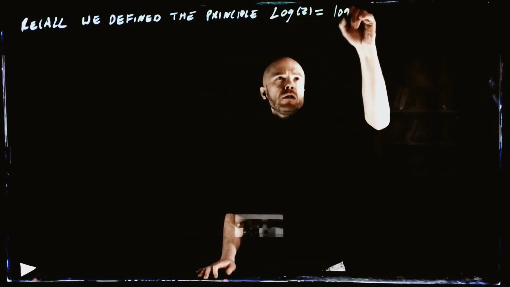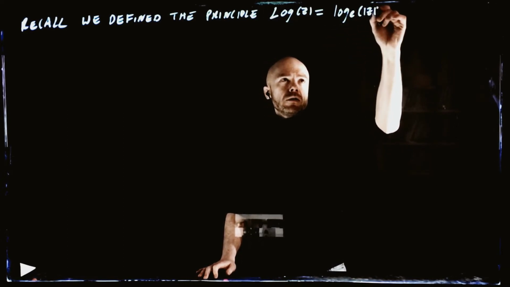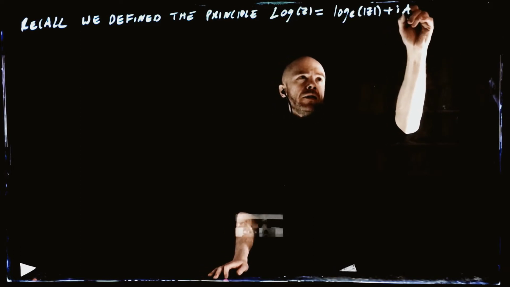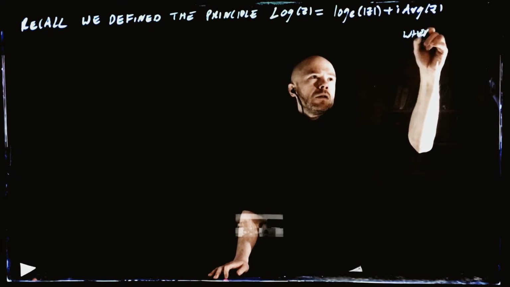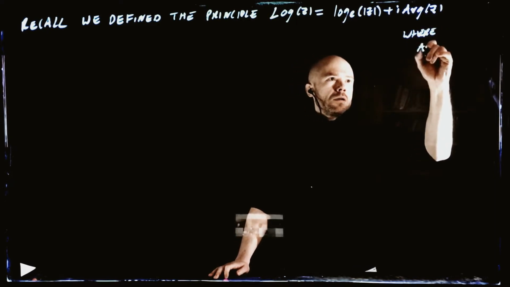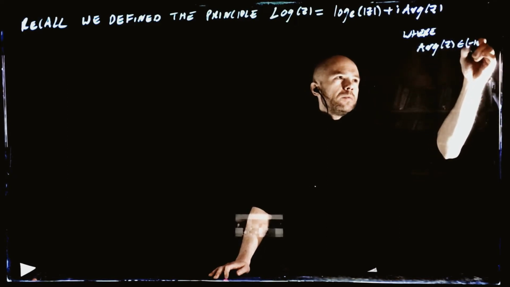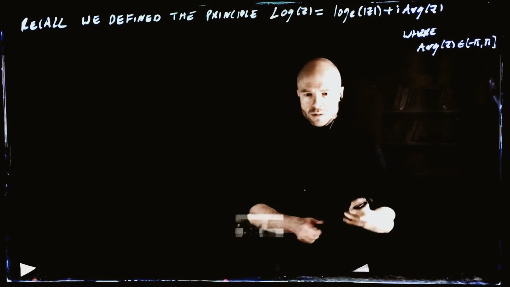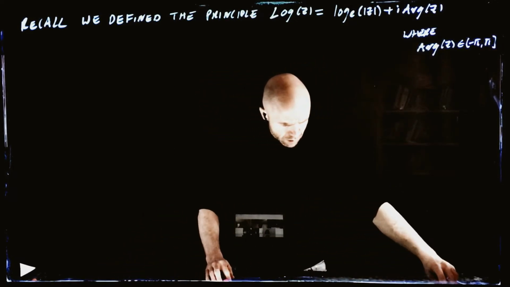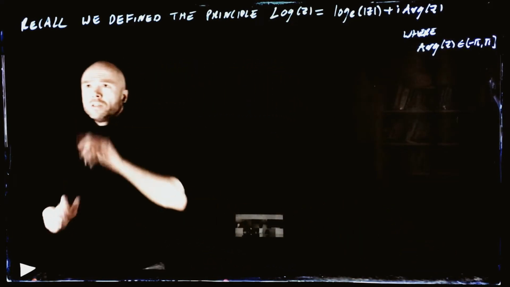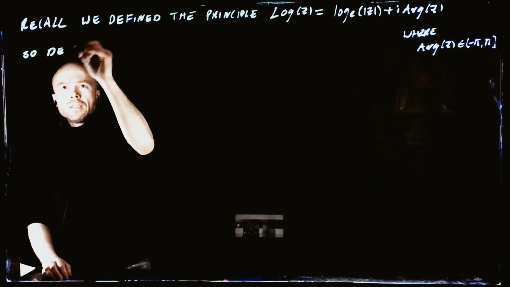It's log to the base e, which just means the real log, the log on the real numbers of the absolute value, plus i times the principal argument of z, where the principal argument is inside this range minus pi to pi, right? And when we do this, then we have a perfectly good, well-defined function on the complex plane, take away the negative real numbers.